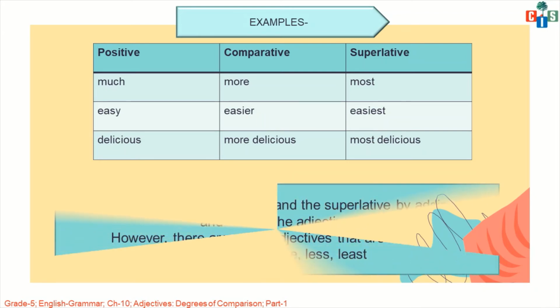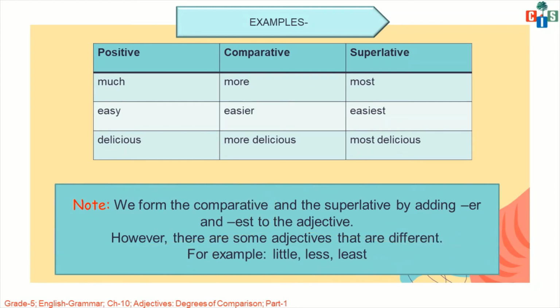Okay, so what you have to remember here, that for changing into comparative and superlative, what we have to do, we have to add er and est suffix to the main word, suffix to the adjectives. Okay, there is one more thing, that some adjectives are totally different, means we cannot add er or est suffix into that.